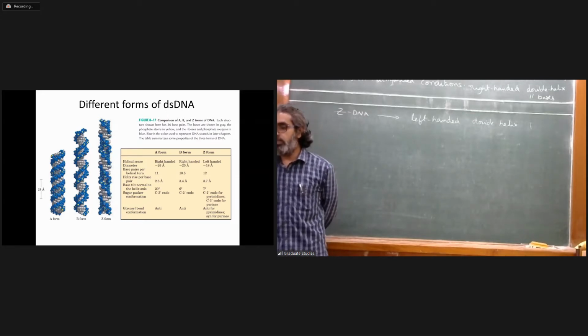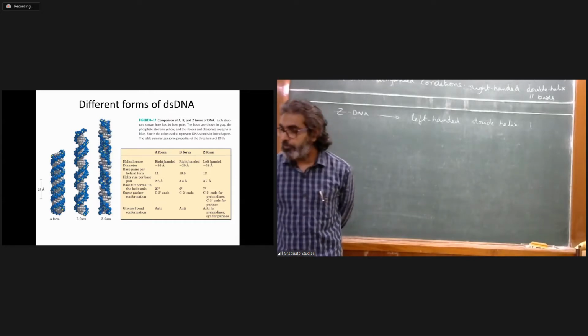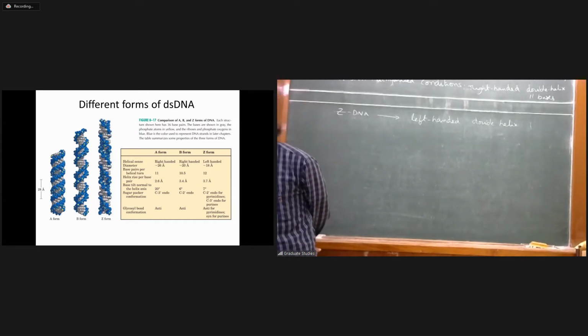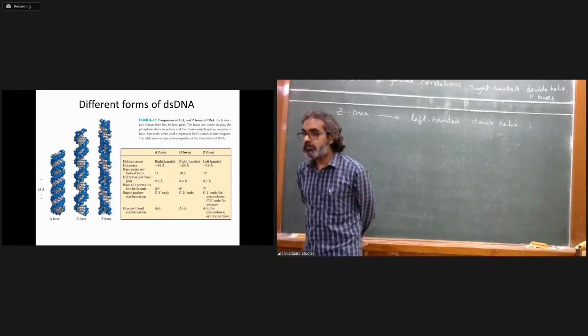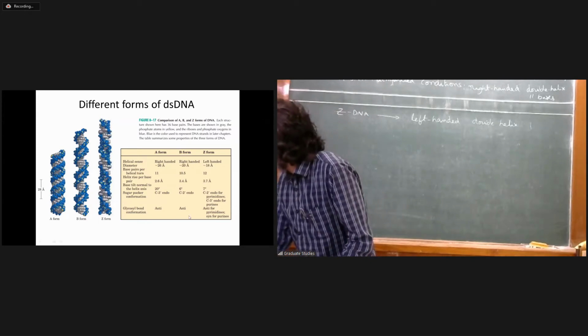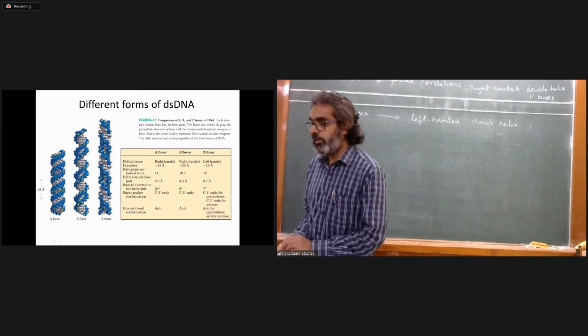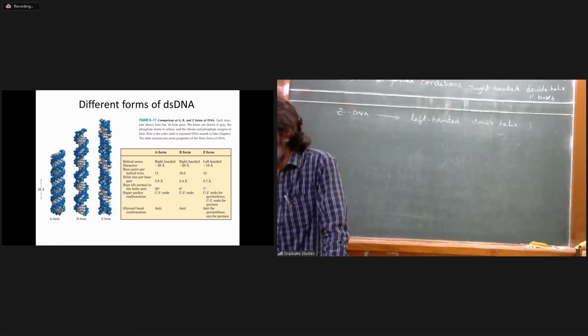Z is only favored if you have purine rich sequences. If purine rich sequences take this conformation, then Z form is safe.